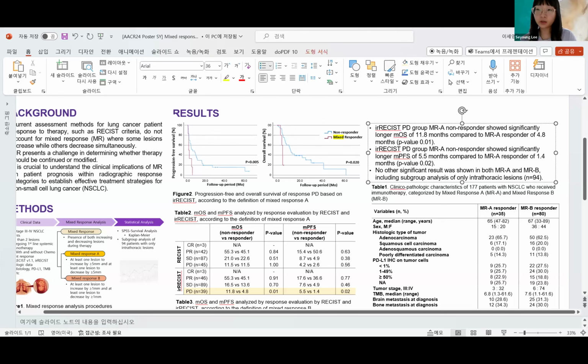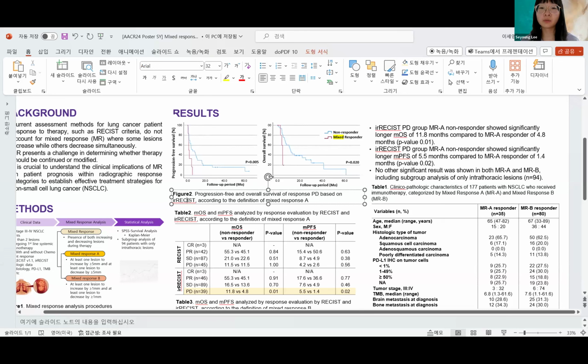Well, I think I could have made it more clear, but I should have said earlier that this group is restricted to patients who had an overall response of PD based on iRECIST.